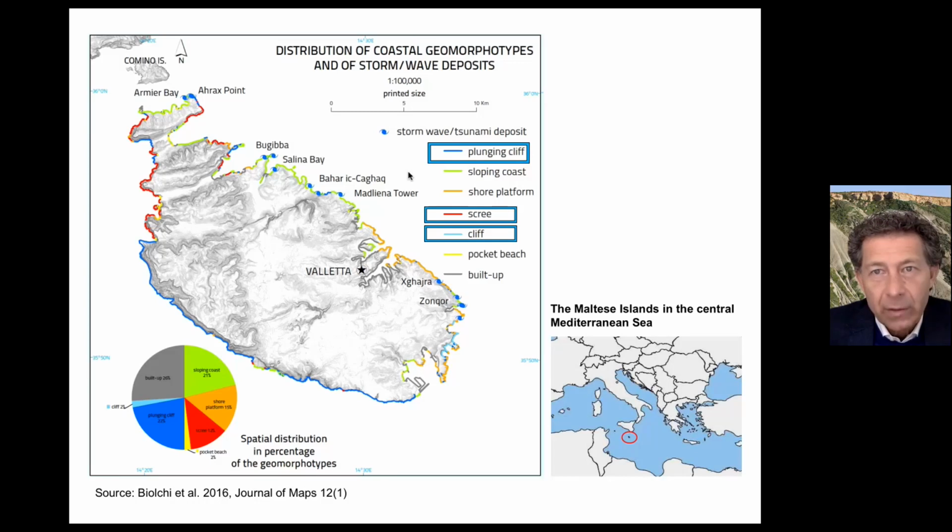So finally, with respect to the aim of the talk that I'm giving today, we had to concentrate our attention on plunging cliffs, so vertical cliffs that we have especially in the southwestern part of Malta, on screes that we have in particular geological conditions that I will show you very soon, and on cliffs that occur somewhere along the island, cliffs that have beaches at their bottom.